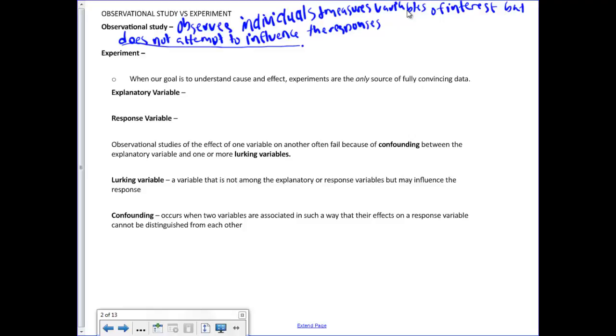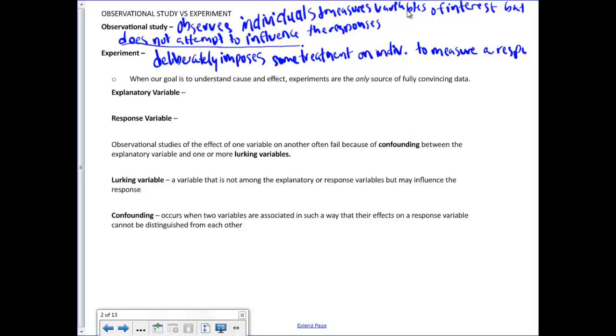It deliberately imposes some treatment on individuals to measure a response.